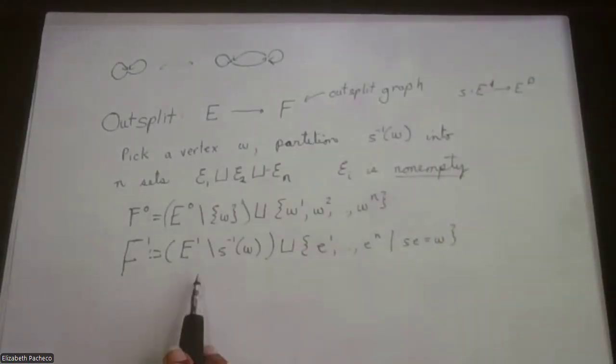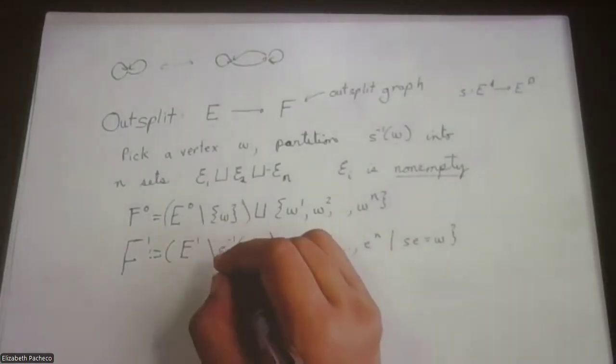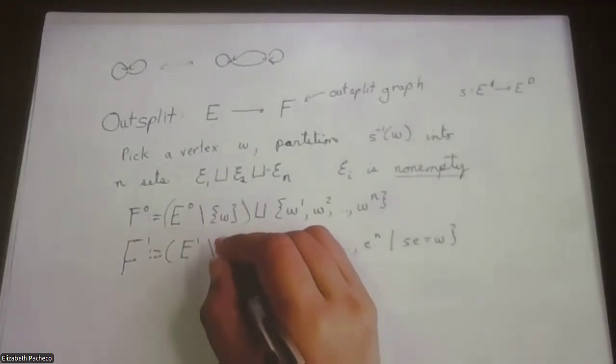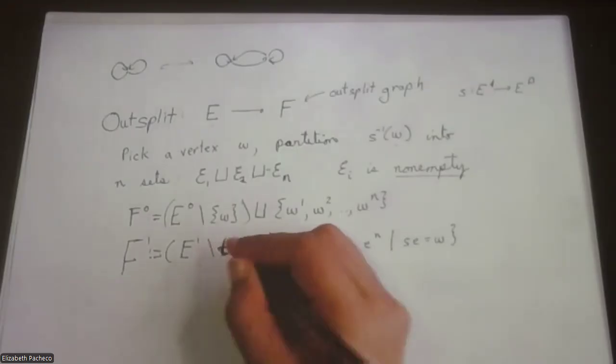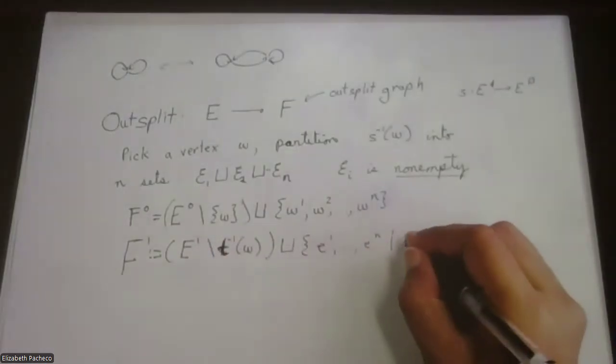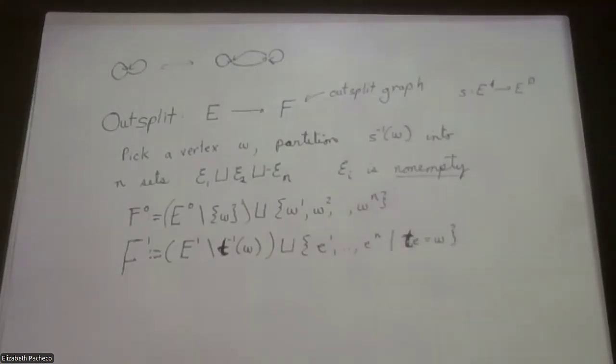Oh, wait, no, I partition the arrows coming out of W. So this is the other part: I duplicate the arrows coming in. I mostly keep all of my arrows, but I take away the arrows that end at W, and then I duplicate them. So each arrow e that previously ended in W is replaced with n copies.